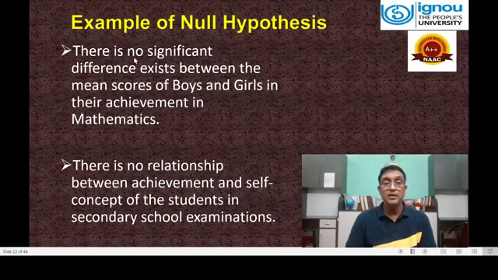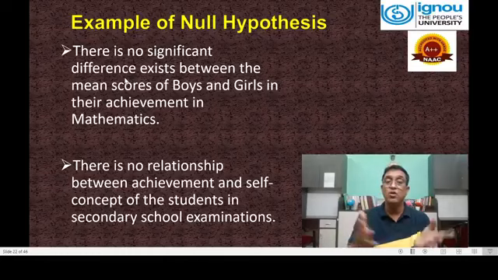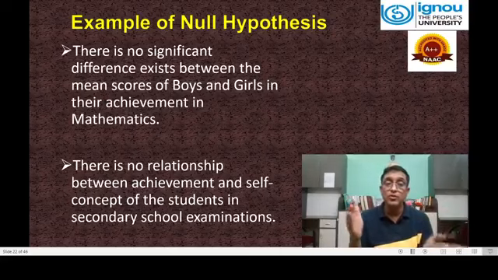The hypothesis says that there is no significant difference. It is a null hypothesis. That is why it says no significant difference between the boys group and the girls group in their achievement in mathematics.